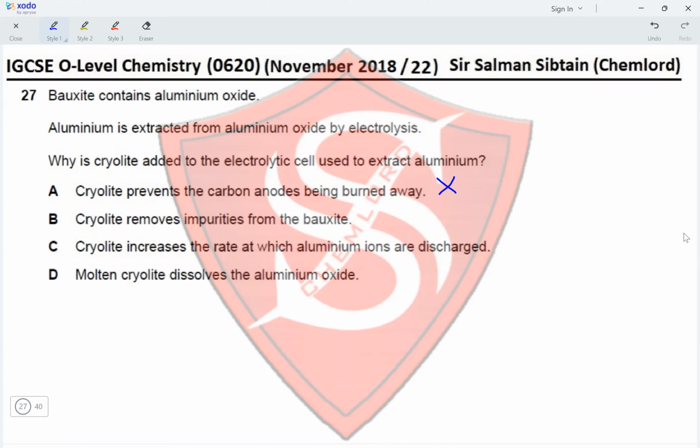Cryolite is not used for this purpose at all. Cryolite increases the rate at which the aluminum ions are discharged. Cryolite has no effect on the rate of discharge of aluminum ions. Molten cryolite dissolves aluminum oxide, yes, so that the melting point is decreased. Therefore, option D is the correct option for this question.